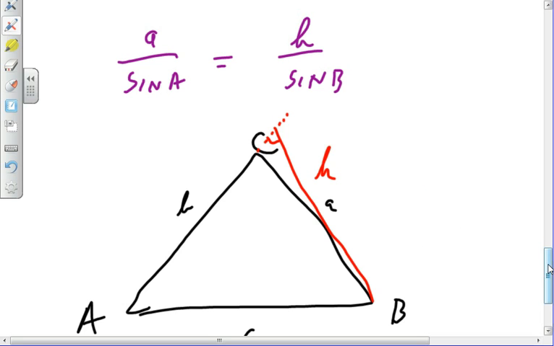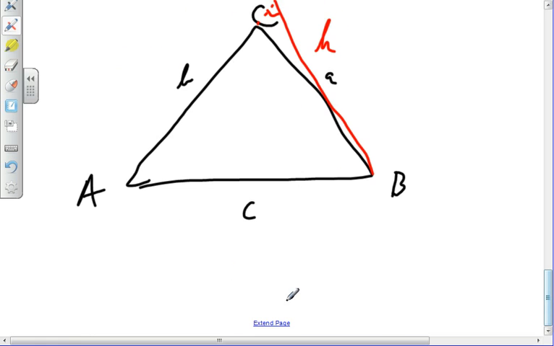And I say, what is the sine of C? It's going to be H over A. Sine C, H over A. It can't be H over A. It's sine of C, so it's H over C, maybe.